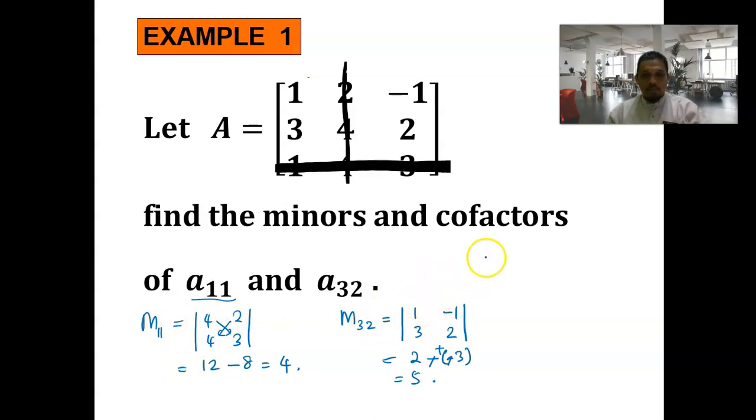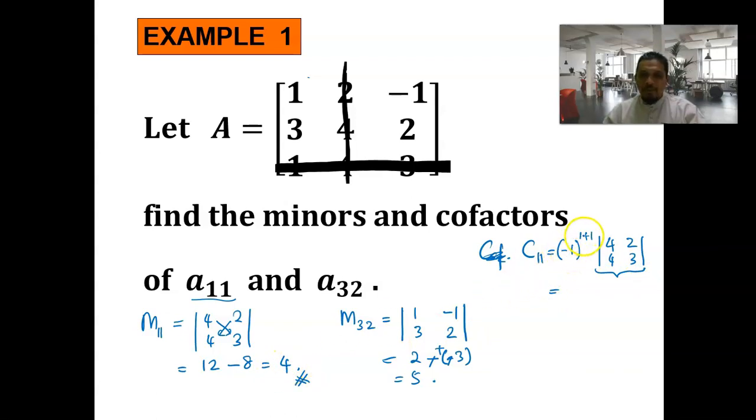So to find the cofactor C11, it is negative 1 to the power of 1 plus 1, and then the minor 4, 2, 4, 3, whose result we got earlier, which is equal to 4.